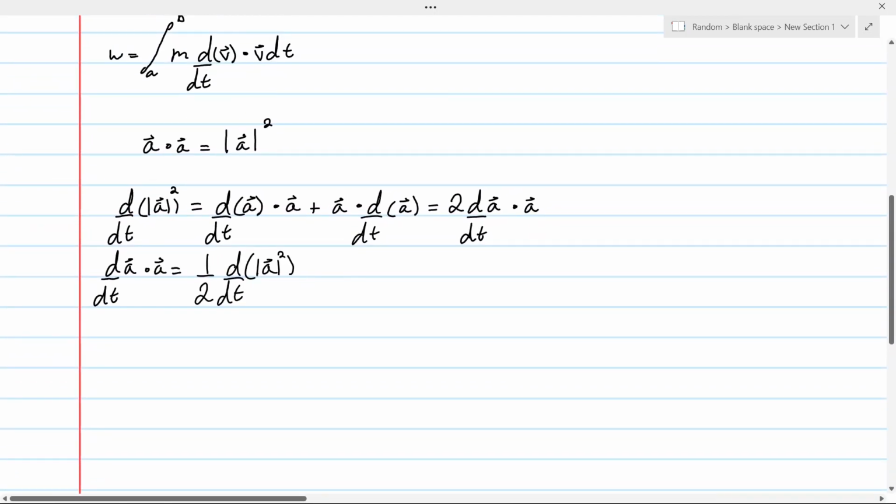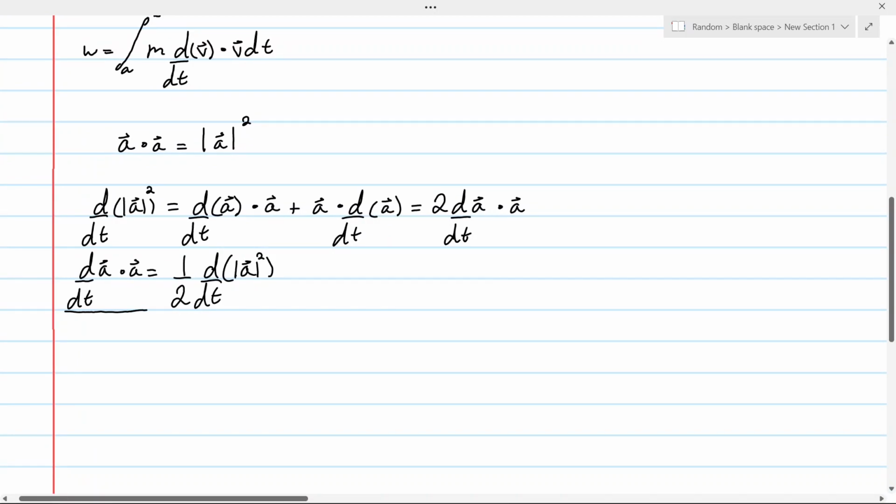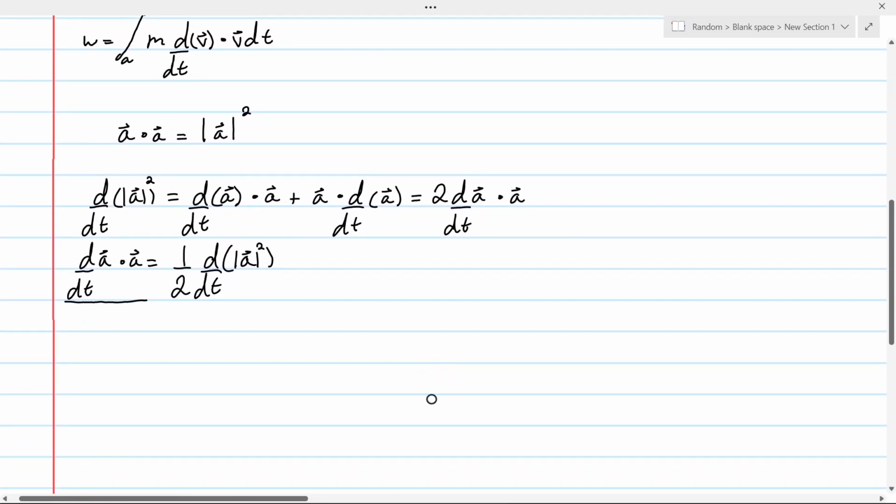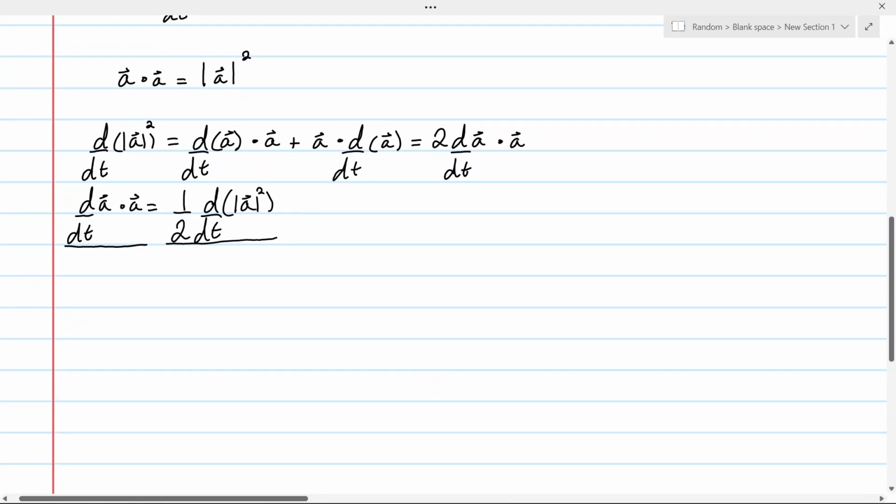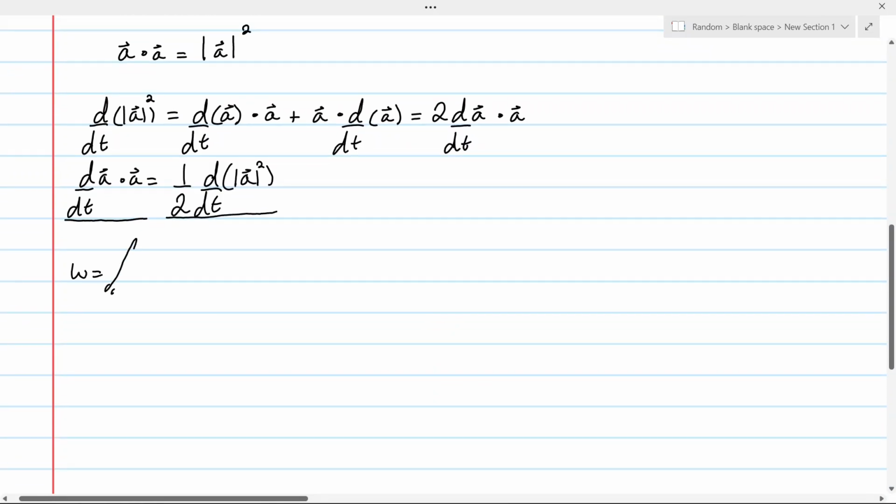So we see that this is inside the integral, and we can turn that into this. So rewriting that, the integral from a to b of m over 2 times the time derivative of the length of v squared, dt, and of course pulling out the constants, we now have this.